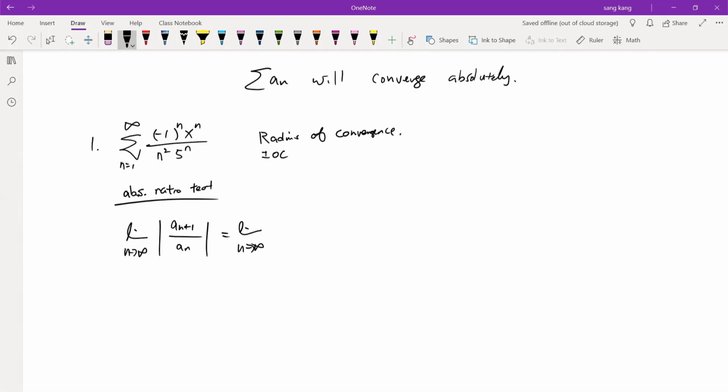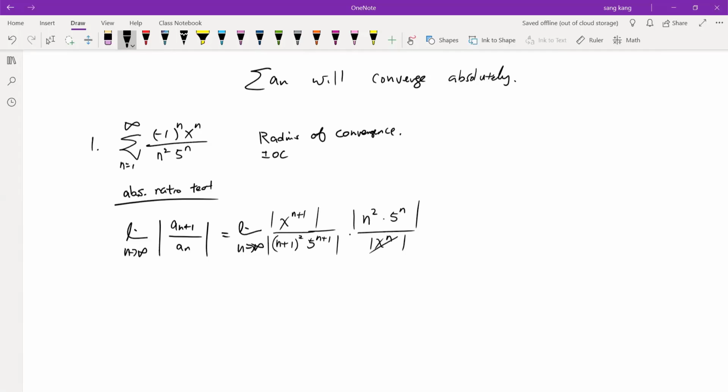So we'll have x^(n+1) over (n+1) squared times 5^(n+1), divided by a_n, which is x^n over n squared times 5^n.